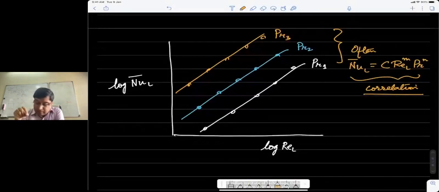Similar to this, as I was saying, if we establish the heat and mass transfer analogy, and I can write the Nusselt number in this form, I can also write the Sherwood number in the same form.